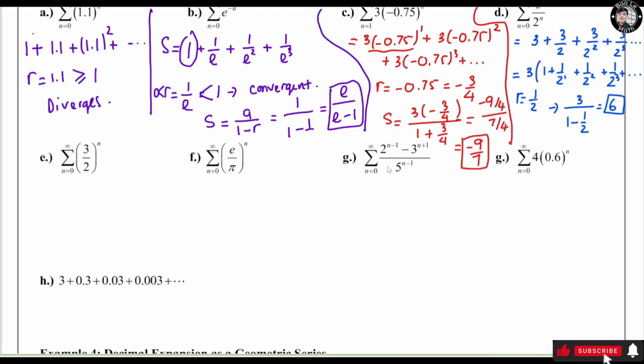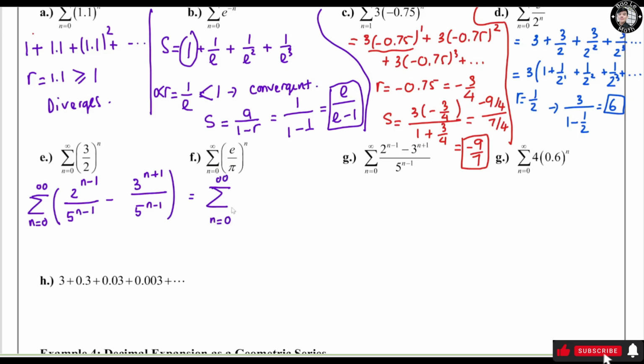Now let's move on to question G. First, we need to split this sum into two sums. So it's going to be the sum from n equals 0 to infinity of 2 over 5 to the n minus 1, subtract. Now, this one right here has the power of n minus 1. This one is n plus 1, which is 2 units greater than this one.